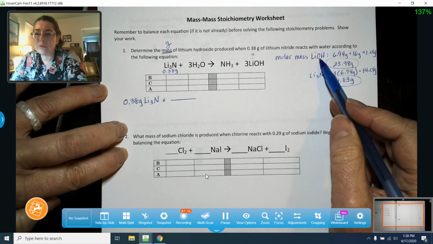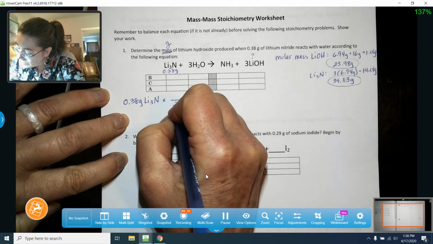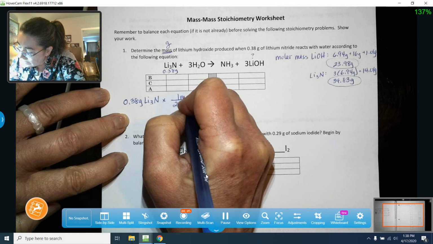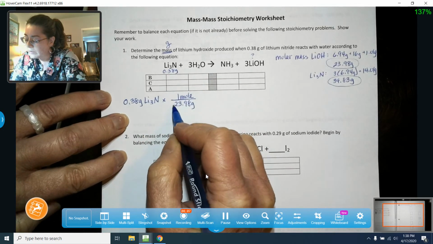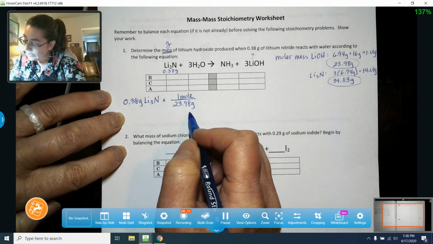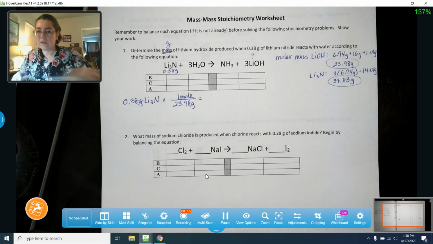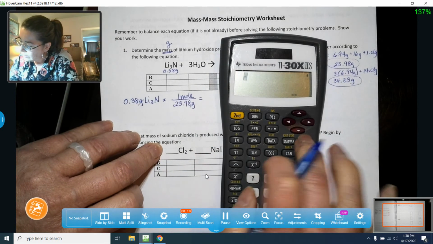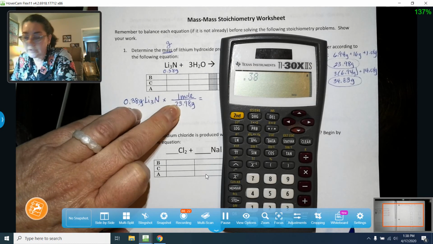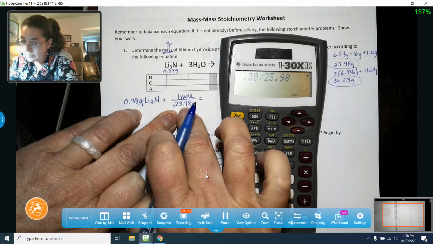So one of these, one of those, one of those, and I get 23.98 grams. So I'm going to put that 23.98 grams down here, and the 1 mole on top. Remember, the molar mass is always the mass of 1 mole. And when I set it up this way, grams will cancel, and I do my calculation. Okay, so I have 0.38, and I'm going to divide it by 23.98. It's on the bottom, so you divide it.